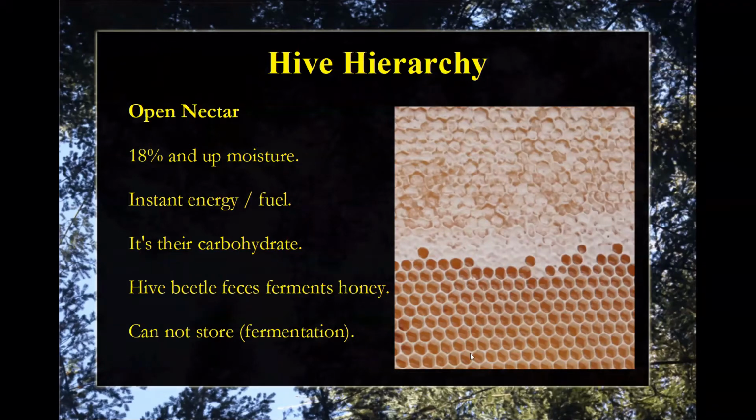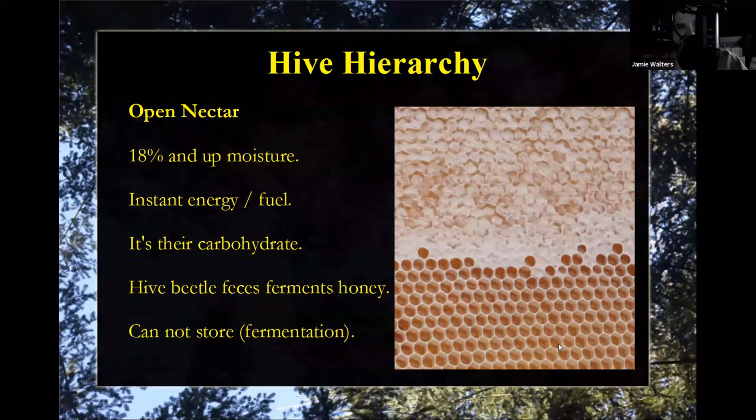This is their instant fuel, and bees will sometimes cap 90% of that frame and keep some of this open so that if they just want to drink, foragers will come up and drink this because it's an instant carb, and then they'll go out and fly. So they fill up their stomach, not their honey crop. They fill up their stomach with honey and bee bread, and that's what gives them their flight to go out and get more, and then they fill up their crop.